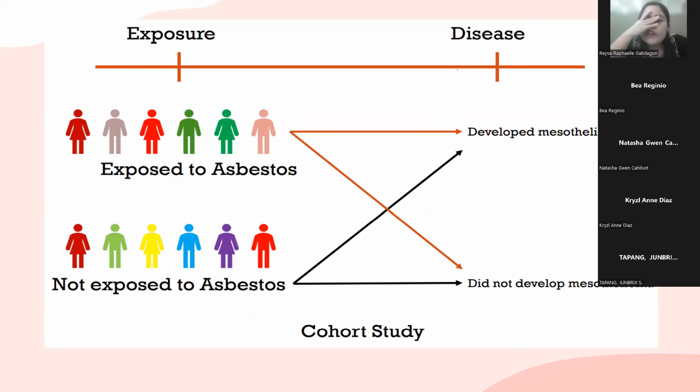Mesothelioma is a condition resembling pulmonary tuberculosis, wherein there will be scarring of tissues of the lungs, and they have the same signs and symptoms, yung uubo ka na merong blood. Okay? Pero that is again due to asbestos. So, yan yung cohort study na unang i-determine yung risk factor before yung disease.